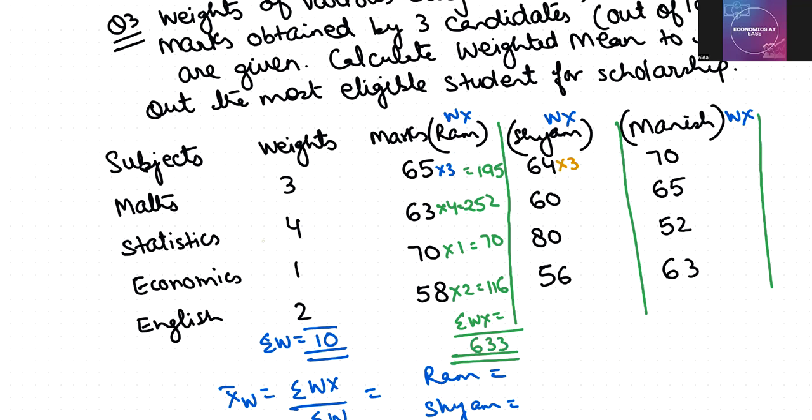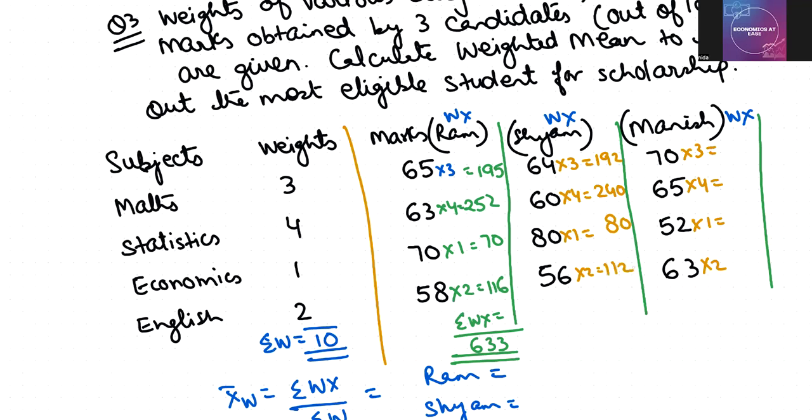So 64 into 3 would be 192. 3, 4 times 1 and 2. इसको भी आप मल्टीप्लाई करते चलिएगा. 3, 4, 1 and 2. ये आप अलग से करिएगा, मैंने अलग से कॉलम्स नहीं बनाया, बट यू कैन मेक द कॉलम लाइक दिस. ओके. नाउ 60 into 4, you will get 240, then 80, and then 112.